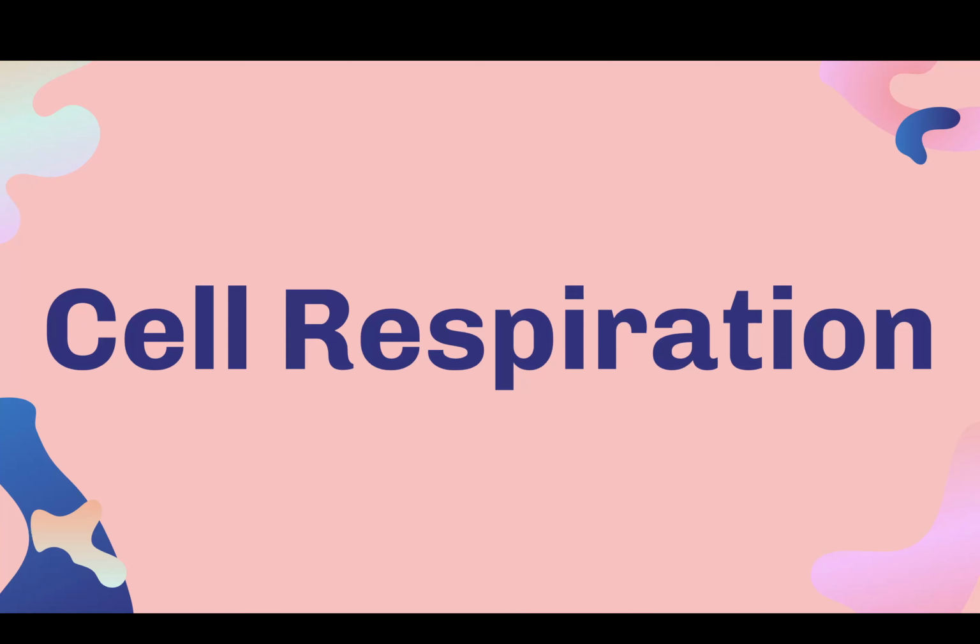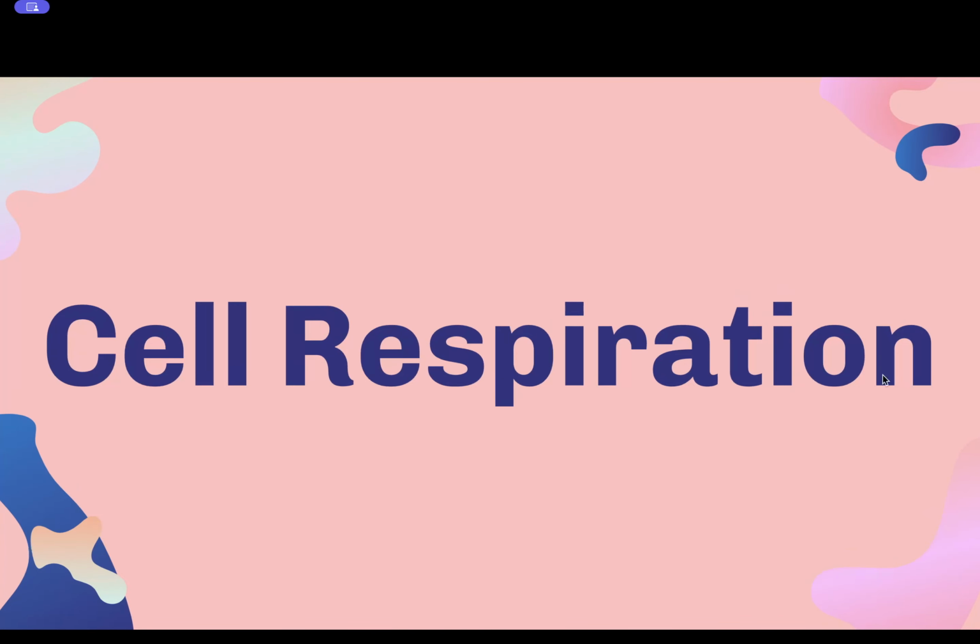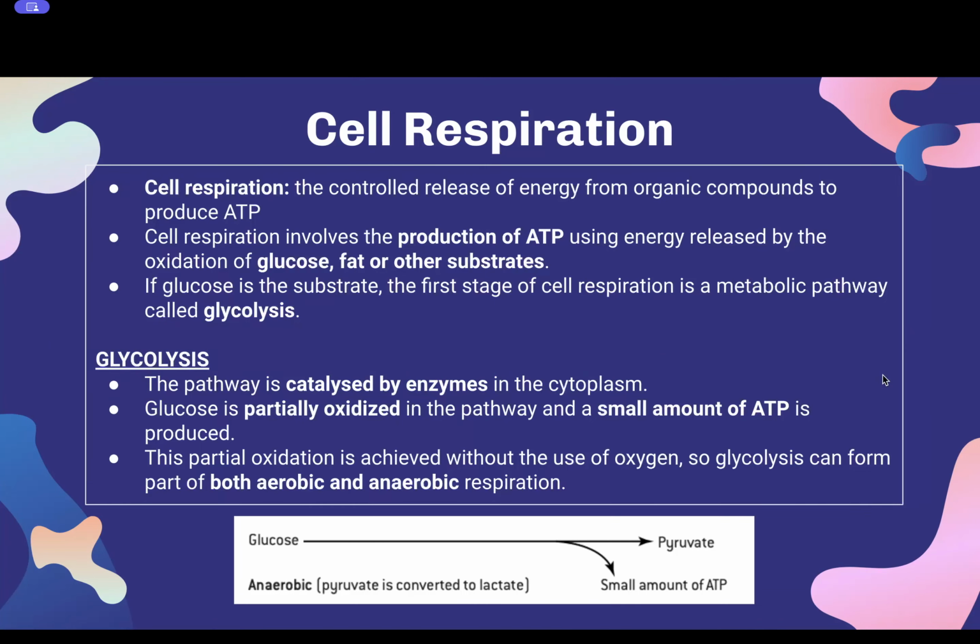Okay, so cell respiration, the great world. This is everything that is before glycolysis, or actually just the definition of cell respiration is part of chapter 2, but we obviously do a lot more than that in HL, so I'm going to presume most of you are HL. Cell respiration is the controlled release of energy from organic compounds to produce ATP.